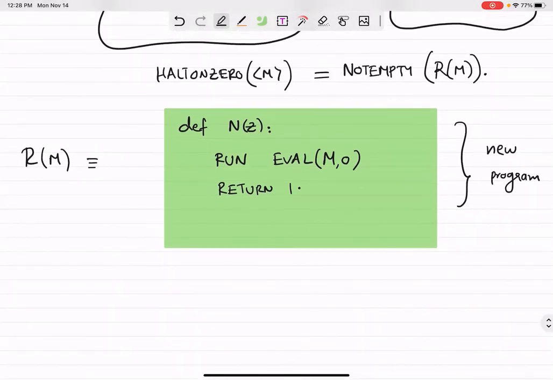Again, I keep emphasizing this: R is not running any programs. It's just transforming the source code.